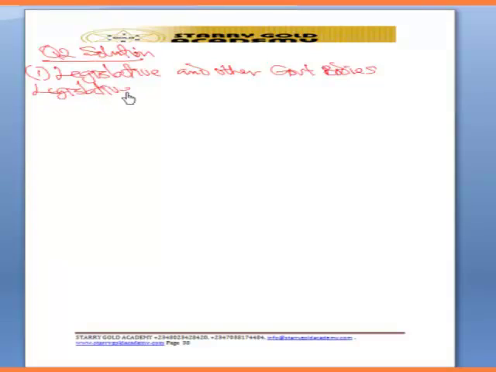We have the legislative and other governing bodies. What is their need?